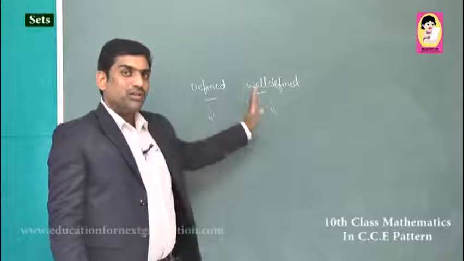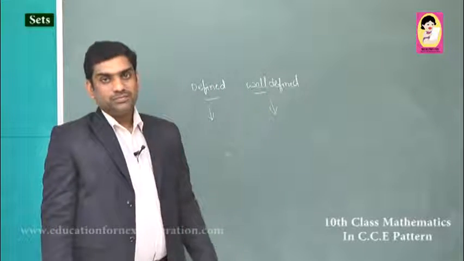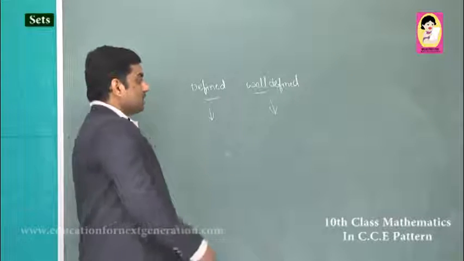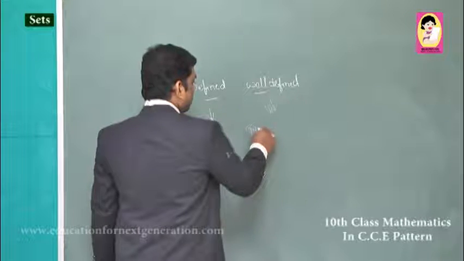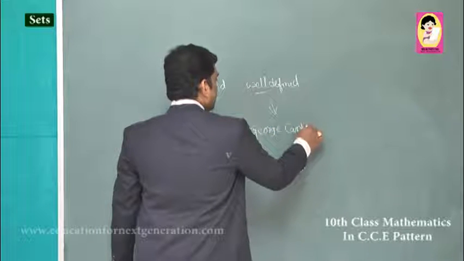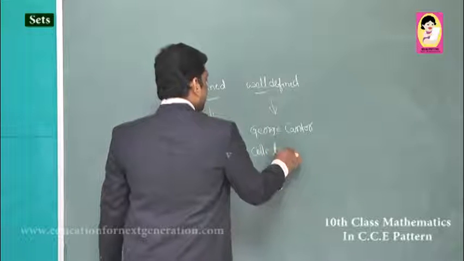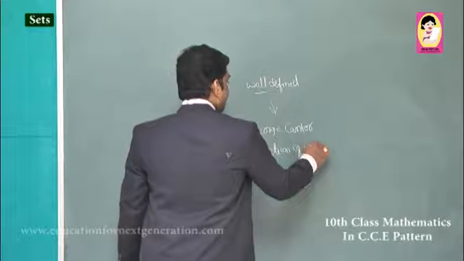This is important. Where is it important? It is important to define a set. Because according to George Cantor, a set is a collection of well-defined objects.